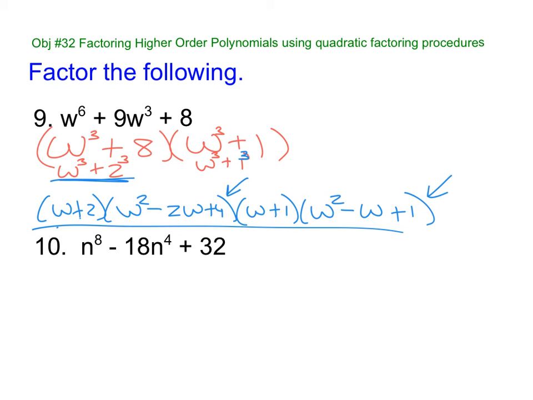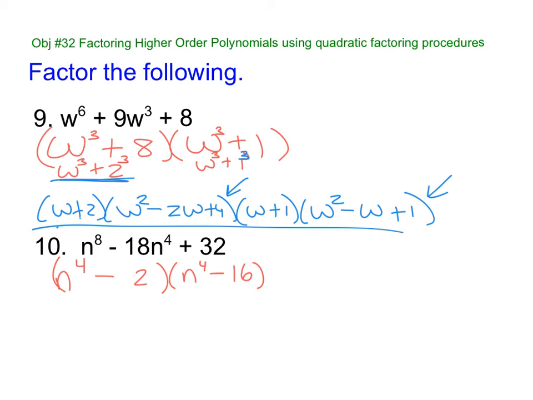All right. Last one. n to the 4th and n to the 4th. I would put money on these being a difference of squares problem. All right. 32 to 18. So that's 16 times 2. One's a plus. They're both minus.